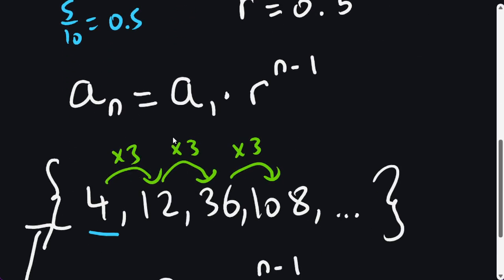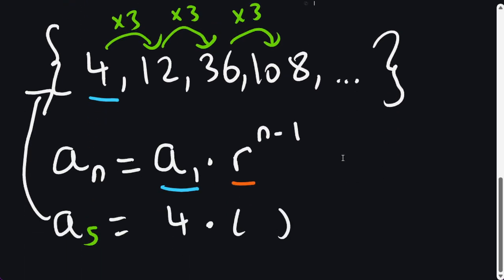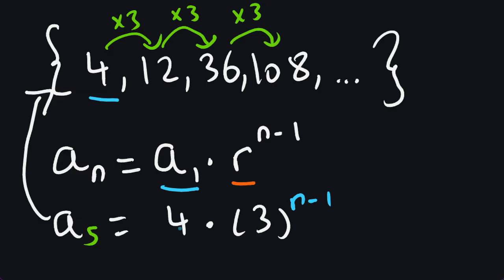Every term is 3 times the previous term. Times 3 times 3 times 3. So r is 3. Put 3 in here, to the power of n minus 1. Again, what is n? n in our case is 5. 5 minus 1 is 4. Perfect.